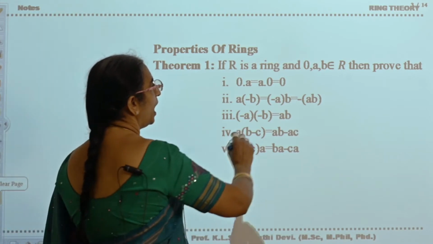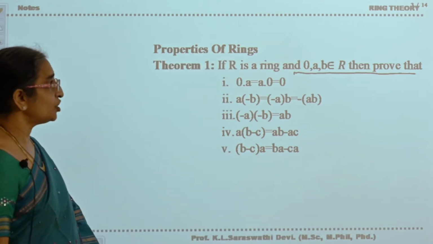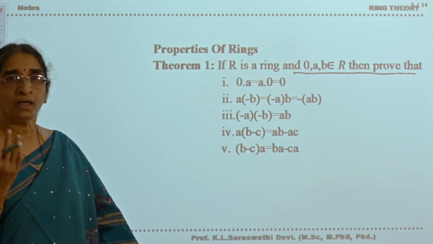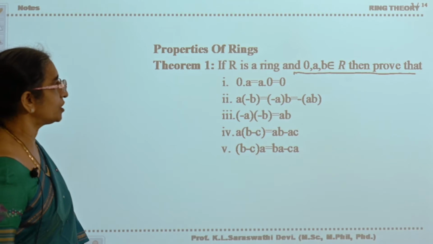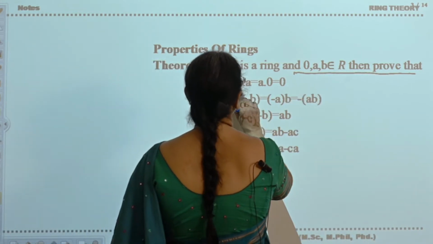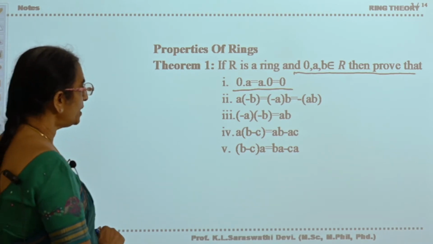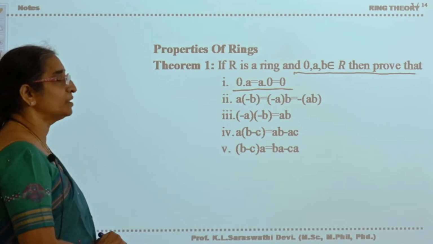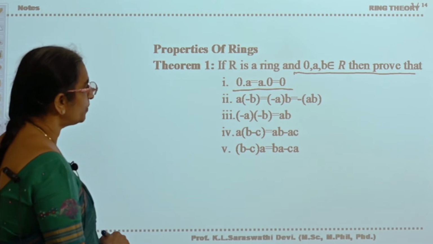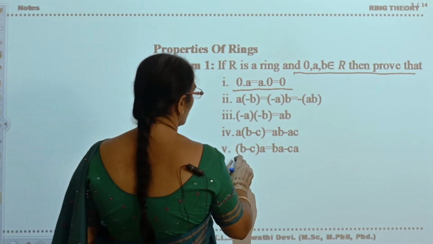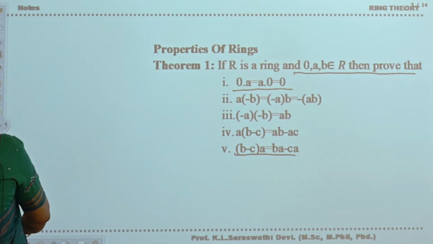R is a ring and 0, a, b belong to R. 0 will be in R because (R, +) is an abelian group, so the additive identity should be in R. Then prove that 0·a = a·0 = 0; a·(-b) = (-a)·b = -ab; (-a)·(-b) = ab; a·(b - c) = ab - ac; (b - c)·a = ba - ca. These are all simple properties. We can easily prove them.